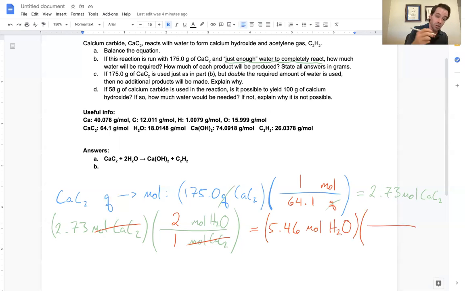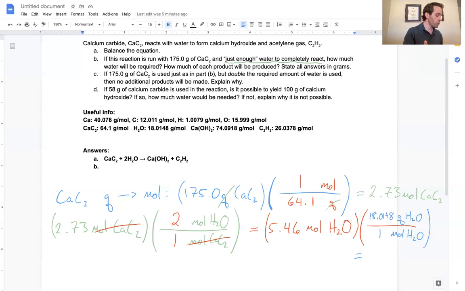Okay, and now I'm going to turn that into grams of water. And again, I'll do that by using the molar mass. I'm going to go a little faster this time because we've already seen it. Put moles of water on the bottom and grams of water on the top. We know the molar mass. It is 18.0148, and that's equivalent to 1 mole. So this equals, let's see, 5.46 times 18.0148.